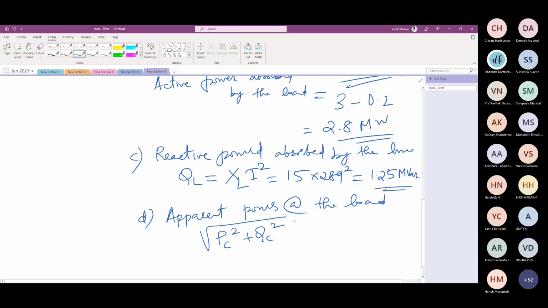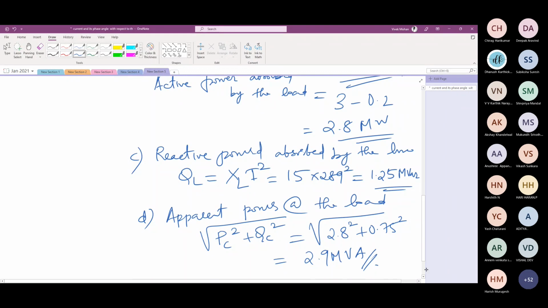I have already found the active power absorbed by the load and the reactive power absorbed by the load, which will give me root of 2.8 squared plus 0.75 squared, which is equal to 2.9 MVA.